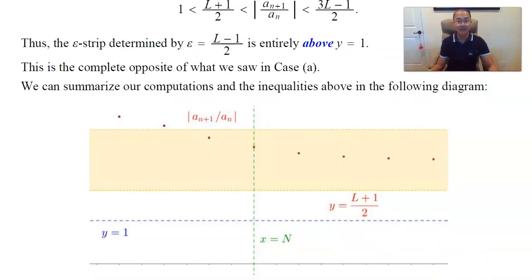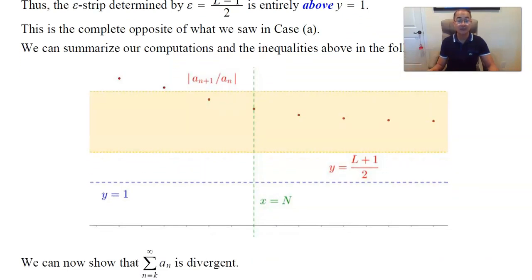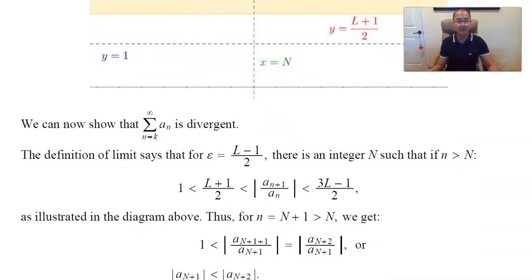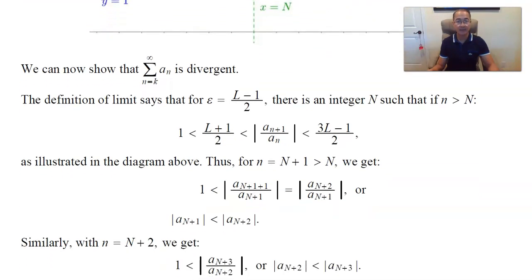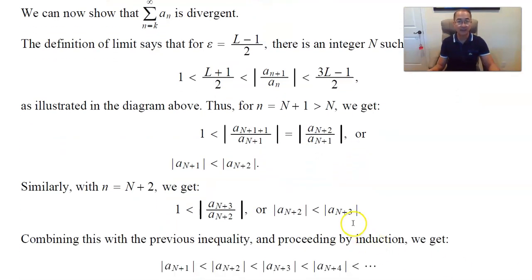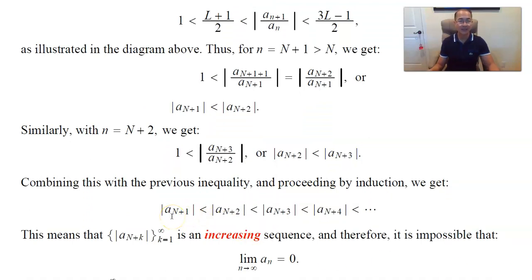Okay, so therefore, what we're going to get is that the series must be divergent, because we can now see that a N plus 2 is bigger than a N plus 1, kind of like before. And continuing, we will get that a N plus 3 is bigger than a N plus 2. So we get an increasing sequence, all right? So starting with a N plus 1, a N plus 2 is going to be bigger in absolute value. a N plus 3 is even going to be bigger. Can it be possible for the terms to go to 0?